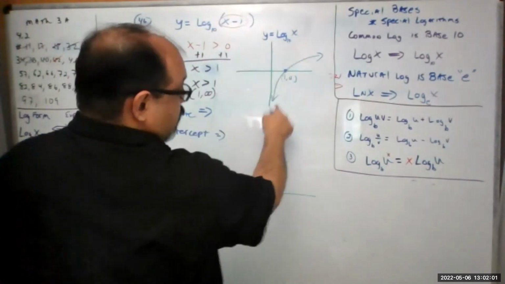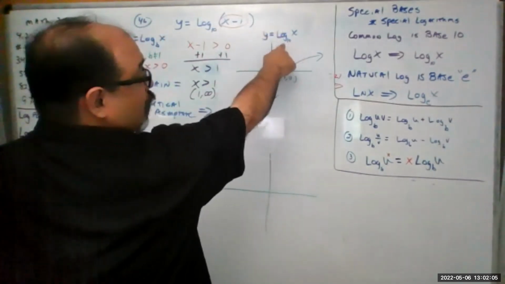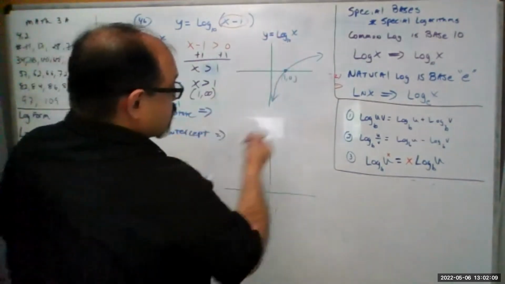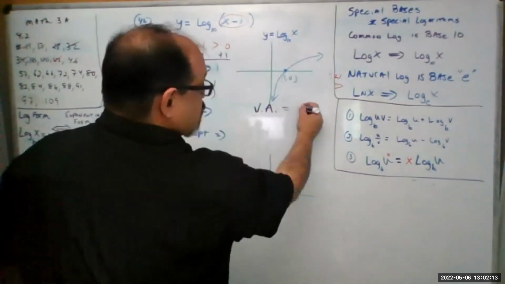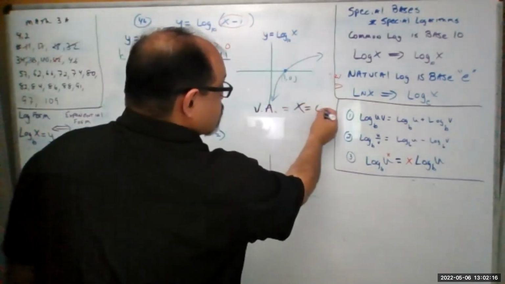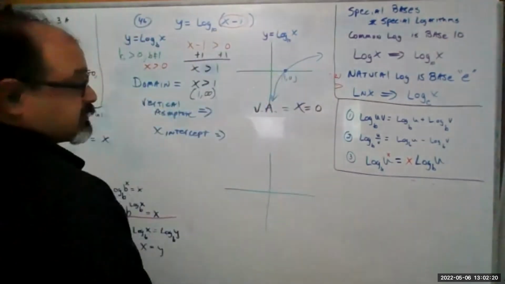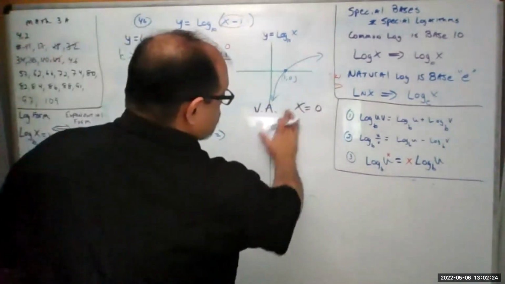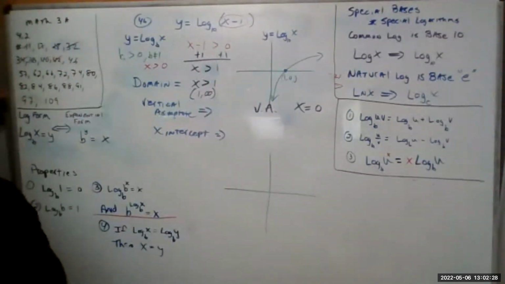And the vertical asymptote on a simple normal logarithm base 10 is x equals 0, the y-axis. It's not going to cross the y-axis. The vertical asymptote is x equals 0.